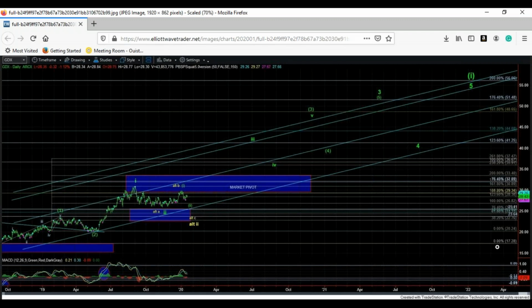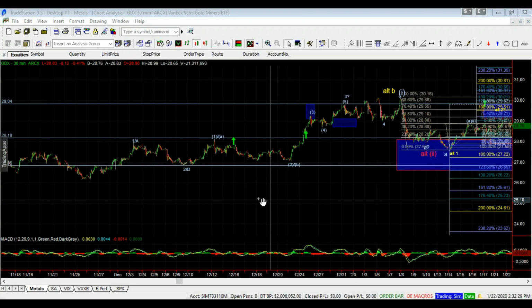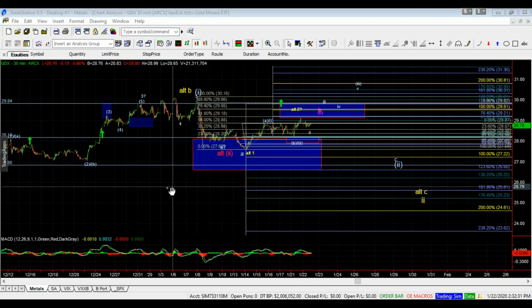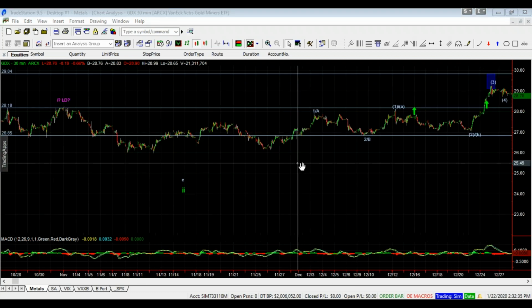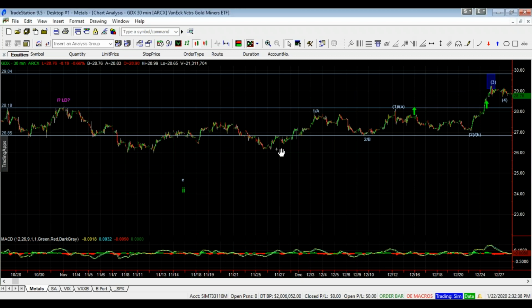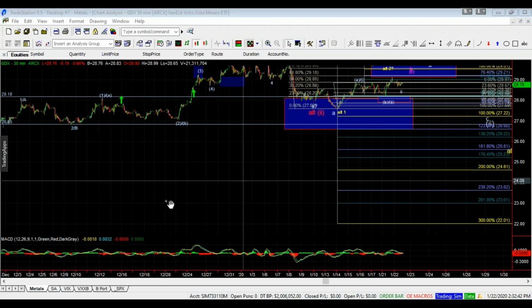We can get as low as 2024 without invalidating. So we could see an A, B, C down, a break below the lows that were struck here at the 26 area for this wave 2.